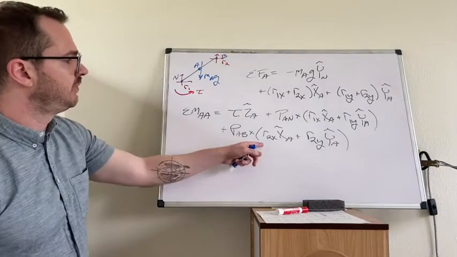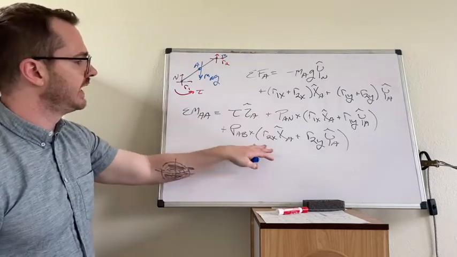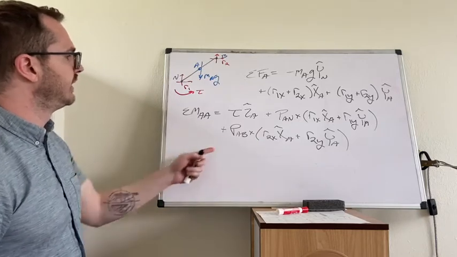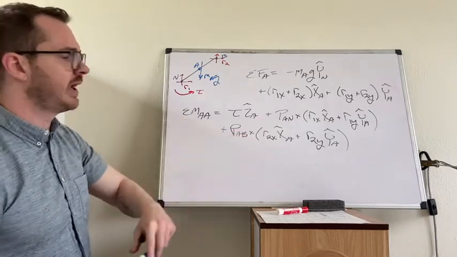Let's sort out these position vectors. Then we can resolve the cross products and we'll be done with sum of moments on A. We've actually done A to N already.